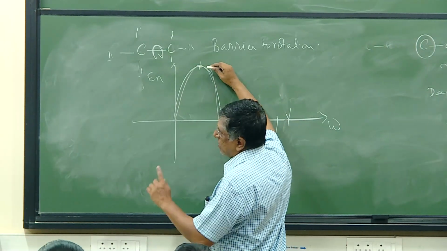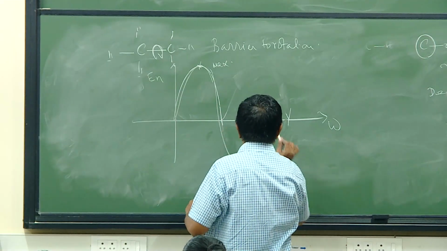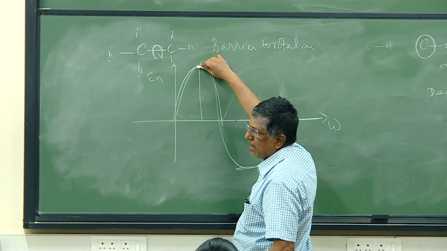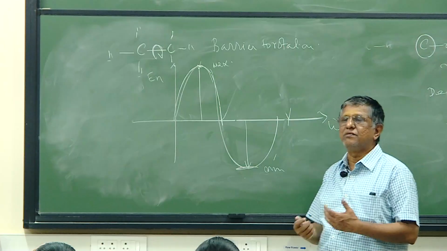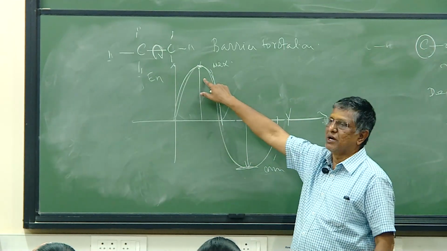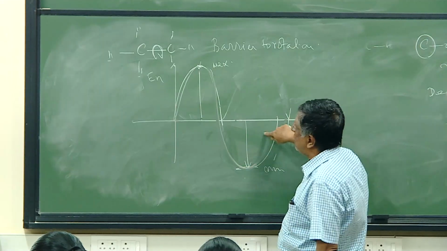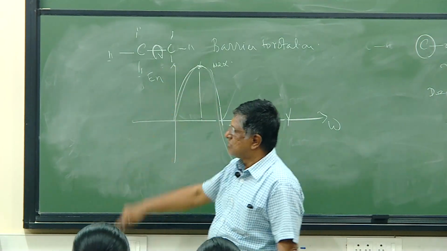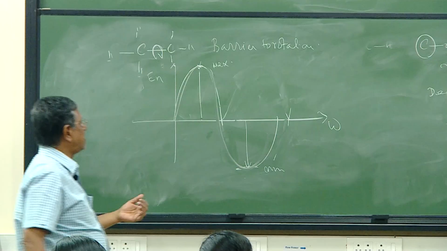This is the maxima and this is the minimum in terms of energy. This is your eclipsed and this is your staggered. Staggered will be lower in energy when compared to this. So the energy required to rotate this is called the barrier to rotation. This energy is Vn, which is written here.